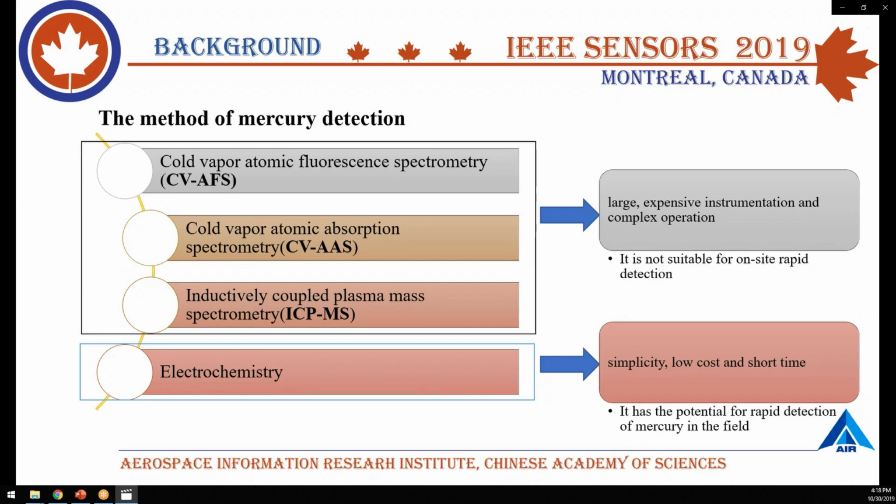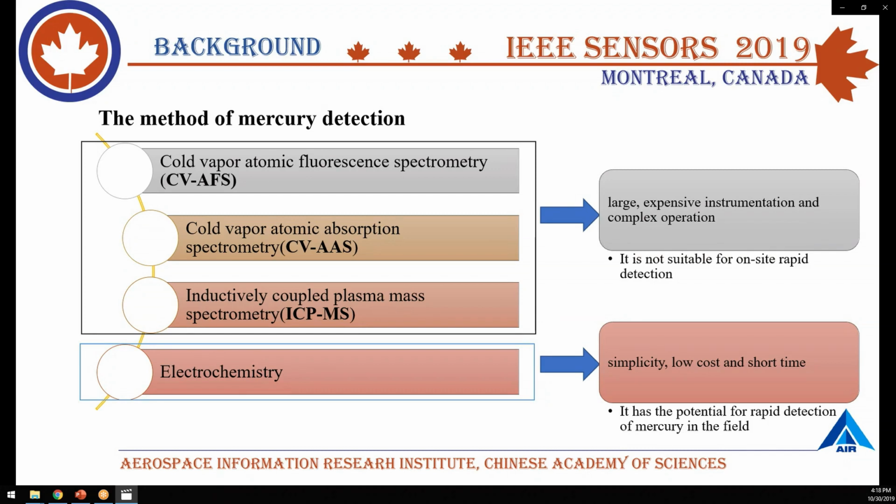Next, I will introduce some methods of mercury detection. The methods of mercury detection mainly include these 4 solutions: 1. Cold vapor fluorescence spectrometry, 2. Cold vapor atomic absorption spectrometry, 3. Inductively coupled plasma mass spectrometry, and 4. electrochemistry.